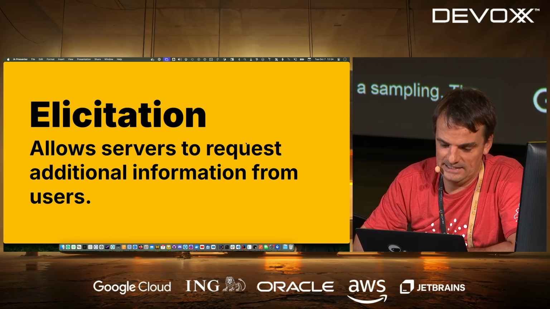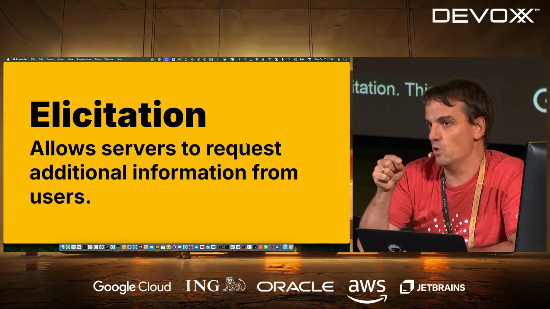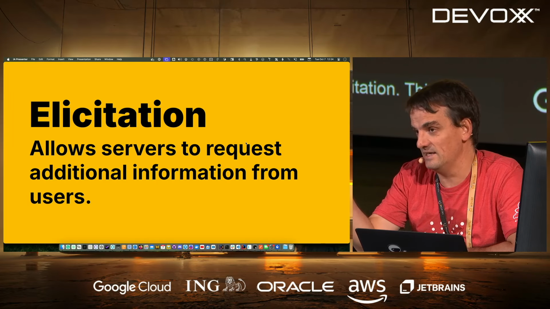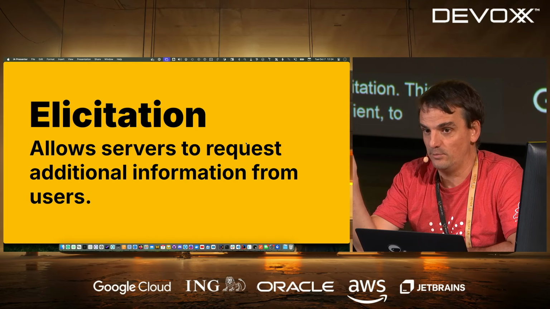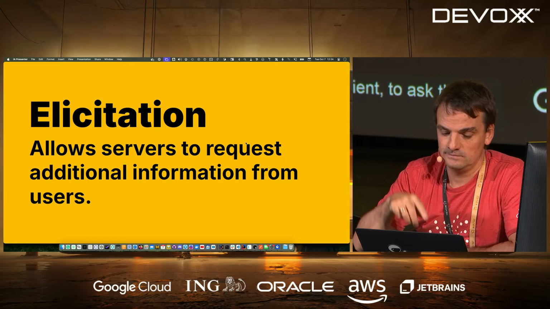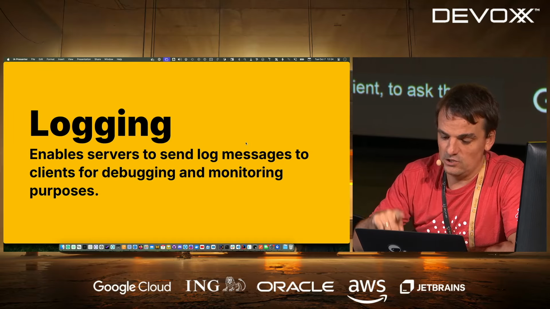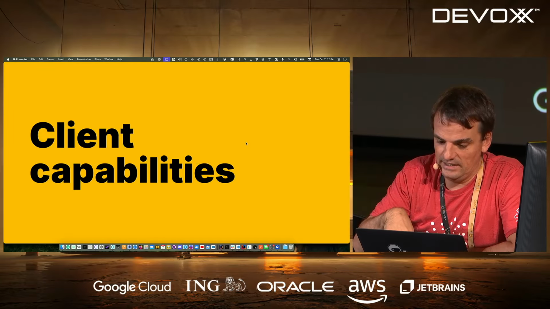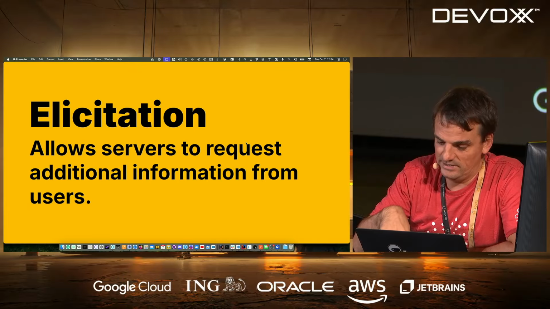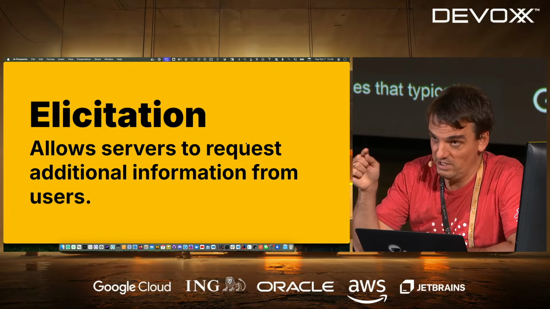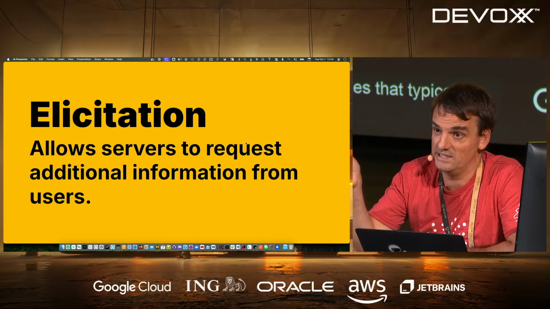There is elicitation. This is, for example, where you want the server to ask the client to ask the user to provide, for example, the username. And there is logging as well. These are some extra capabilities that typically you will use in server-to-client communication, and you will typically use server-sent events for this.